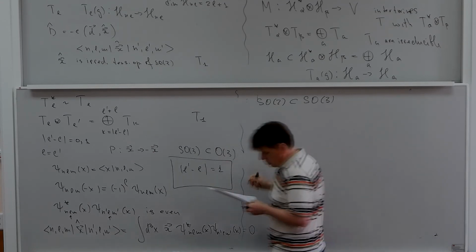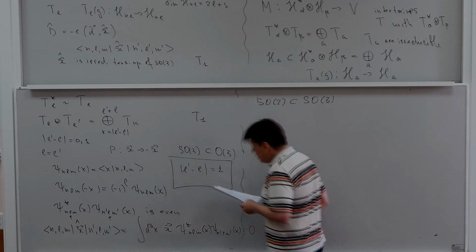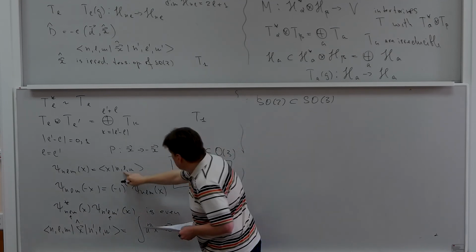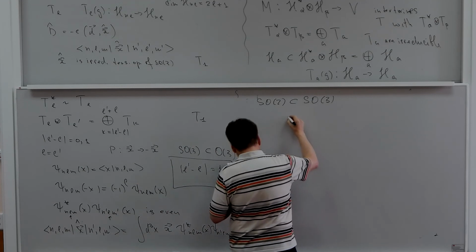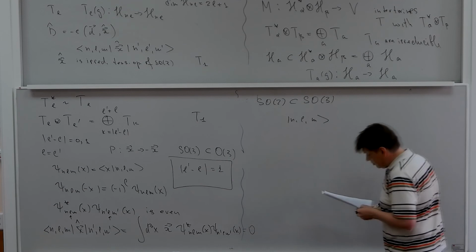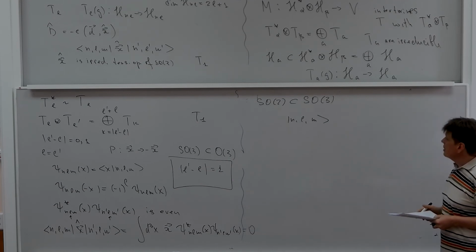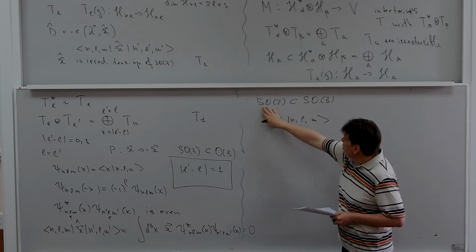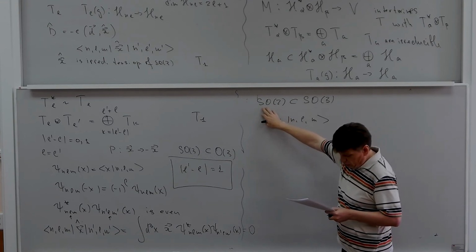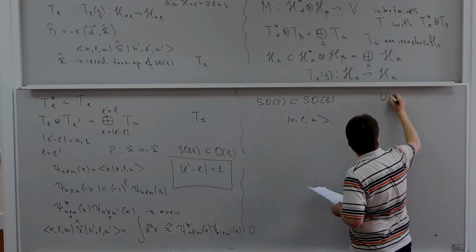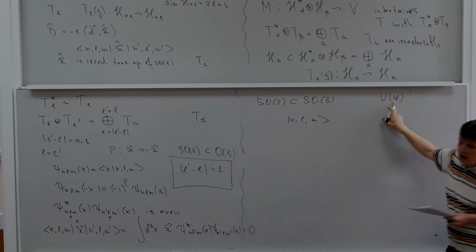Then each basis vector |n L m⟩ spans an invariant subspace for the action of the rotation group SO2. Each element of SO2 is parameterized by the rotation angle phi.